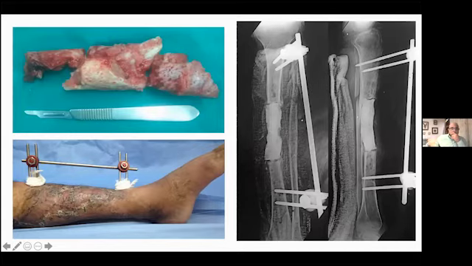Our management was, we're going to go for a Masquelet technique and two-stage technique. So we started off by debridement and sequestrectomy and removal of all infected soft tissue that was visible to us. We applied an X-fix and we put an antibiotic-loaded cement spacer.